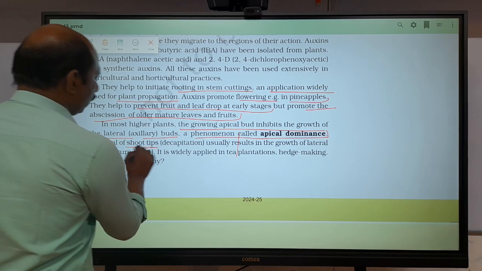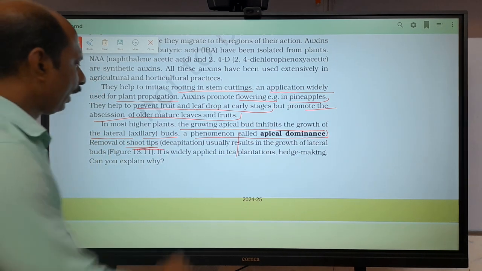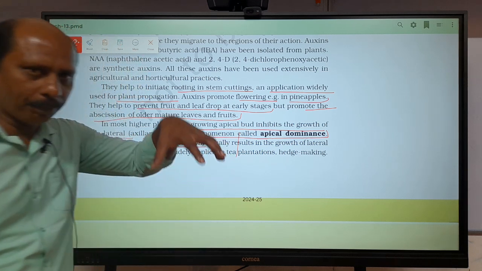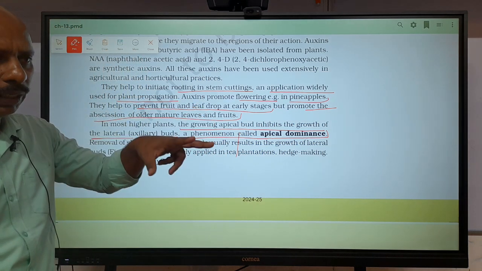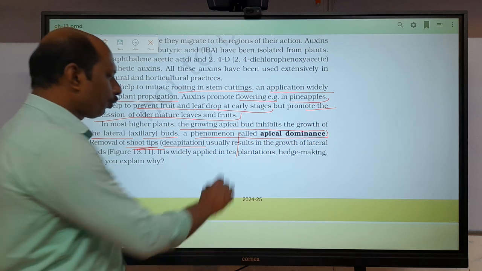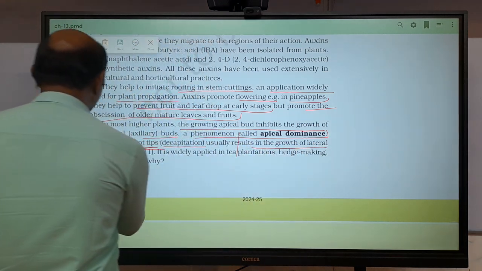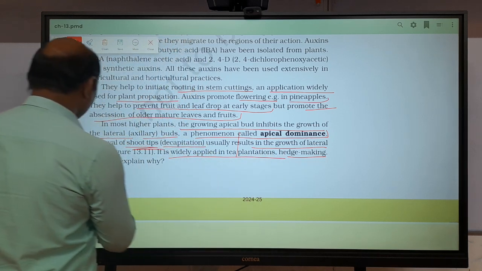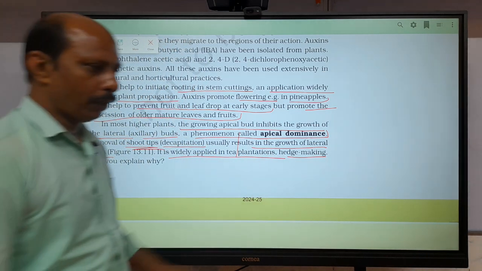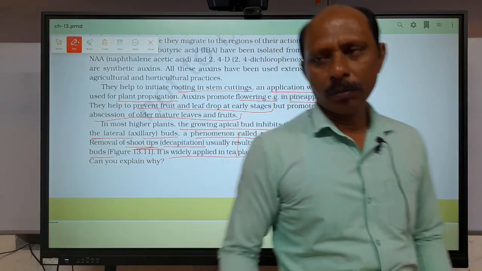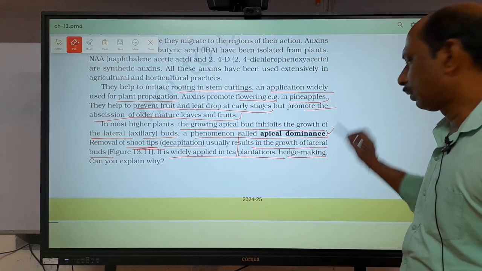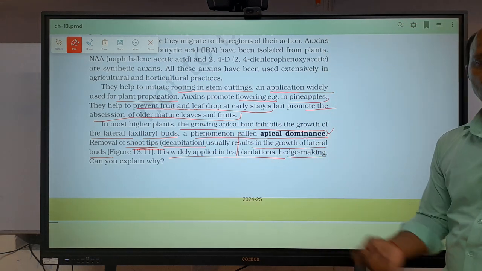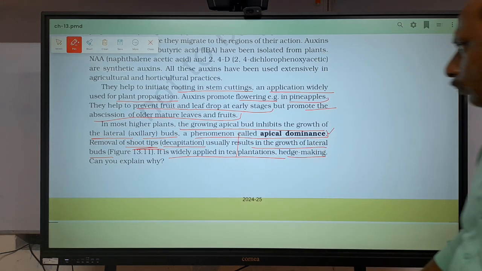Removal of the shoot tip is called decapitation. When we cut these shoot tips, it usually results in the growth of lateral buds, and it is widely applied in tea plantation and hedge making, right? Because when we cut this tip, apical dominance is absent. Now lateral branches grow.